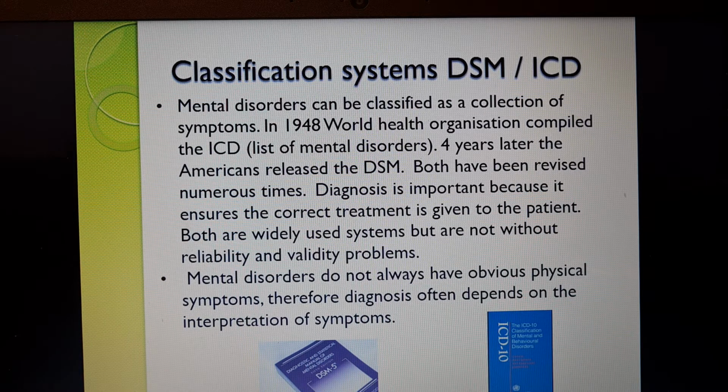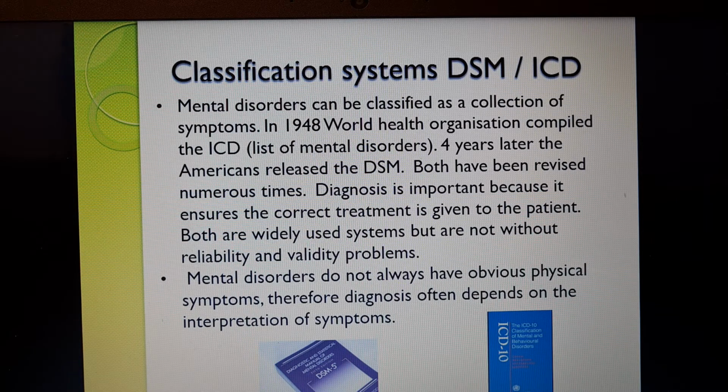And diagnosis is really important because it's the key thing for any treatment. If we're not able to diagnose somebody correctly, then obviously the treatment is not going to be correct either. Both of these systems are used widely around the world. Some do argue that there are reliability and validity problems with these systems, which we're going to have a look at in this presentation.